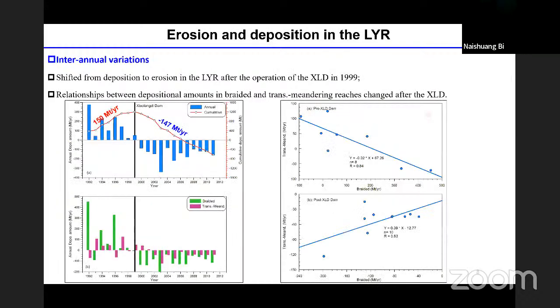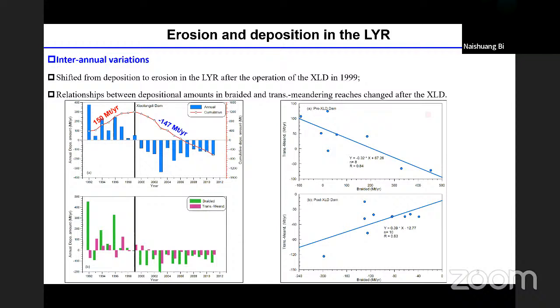So let's go to our results. Here we show the annual deposition amount in the Lower Yellow River. The positive value indicates deposition, and the negative value indicates erosion. On interannual scales, the lower reaches of the Yellow River deposited around 150 million tons per year before the construction of the Xiaolangdi Dam.